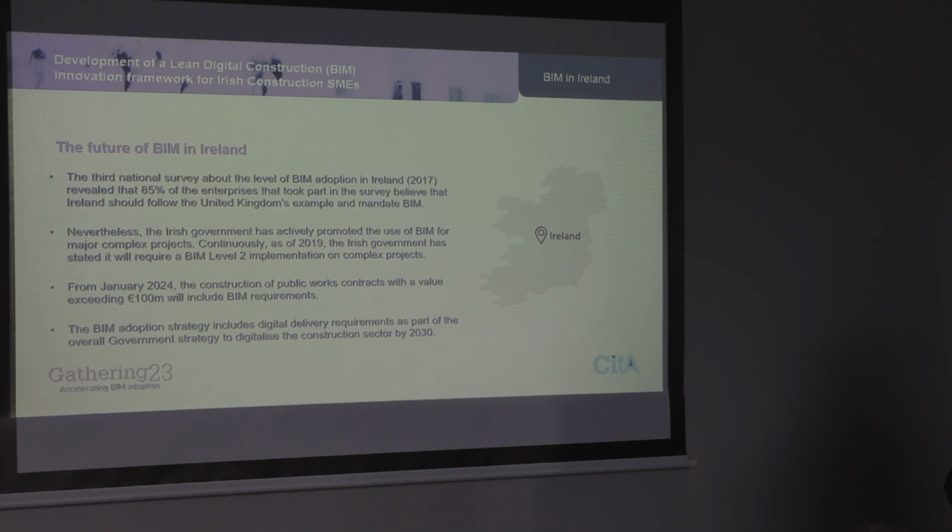As of 2019, the Irish government has stated it will require a BIM level 2 implementation on complex projects. And from January 2024, the construction of public works contracts with a value exceeding 100 million will include BIM requirements. Basically, the adoption of BIM is part of the government's strategy to digitalize the construction sector by 2030.